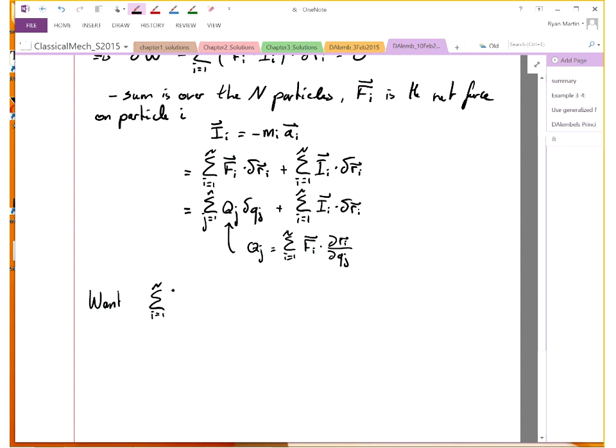So we want the sum from i equals 1 to capital N of capital I sub i dotted with delta r_i in terms of generalized coordinates, i.e. in terms of the delta q_j.